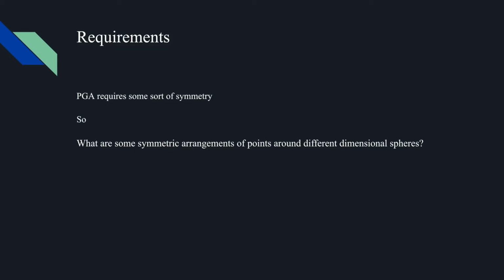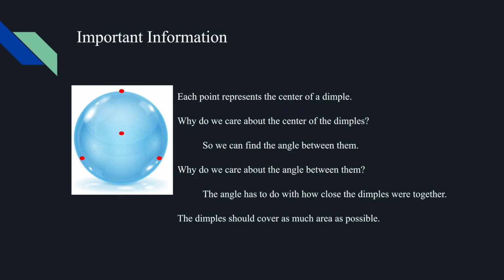So my question to answer is, what are some perfectly symmetrical patterns around different dimensional spheres? Each point represents the center of a dimple, and we care about the center of the dimples because we can find the angle between them, and that has to do with how much space the dimples cover, which relates back to the original question, the inspiration.